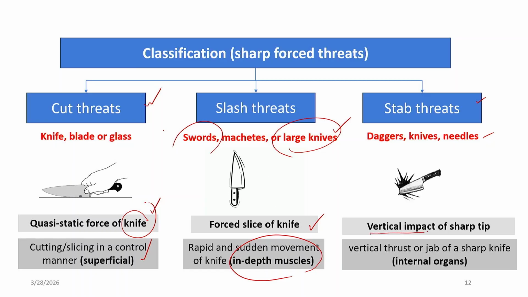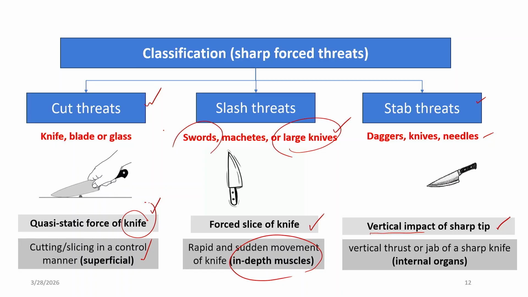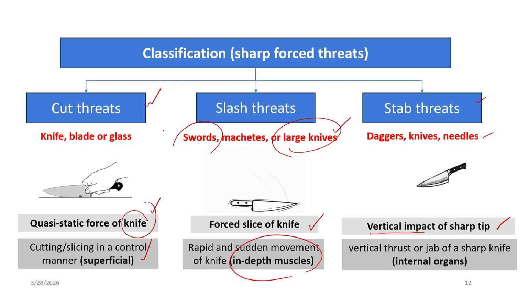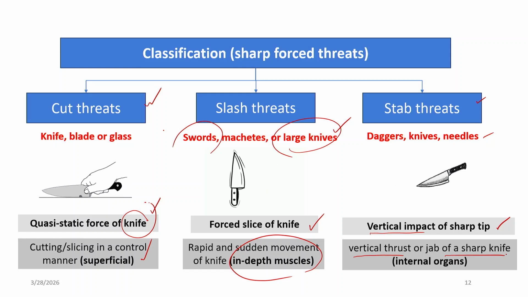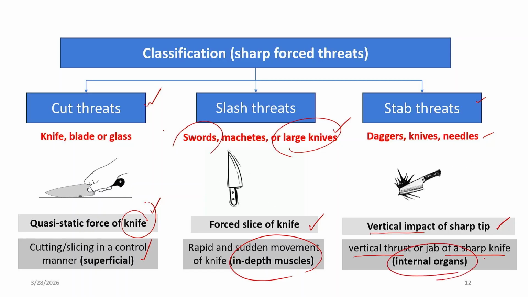So, it is the vertical impact of a sharp tip. Ballistic is different, that is a projectile. Here the sharp tip is forced vertically. So, there is a vertical thrust or jab of a sharp knife, which penetrates internally, and internal organs get damaged.